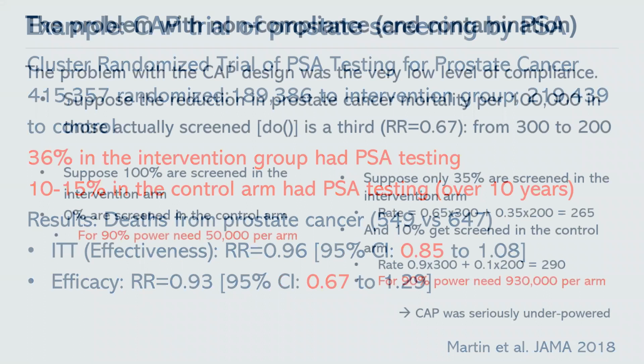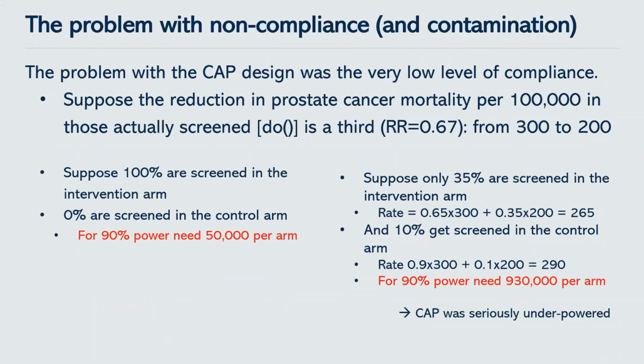So the problem caused by non-compliance and contamination is that it dramatically reduces the power. In an example like that, if we assumed that the causal effect is to reduce mortality from 300 to 200 per 100,000 people, with 100% compliance with the randomization, you would only need 50,000 men per arm to have a well-powered study.